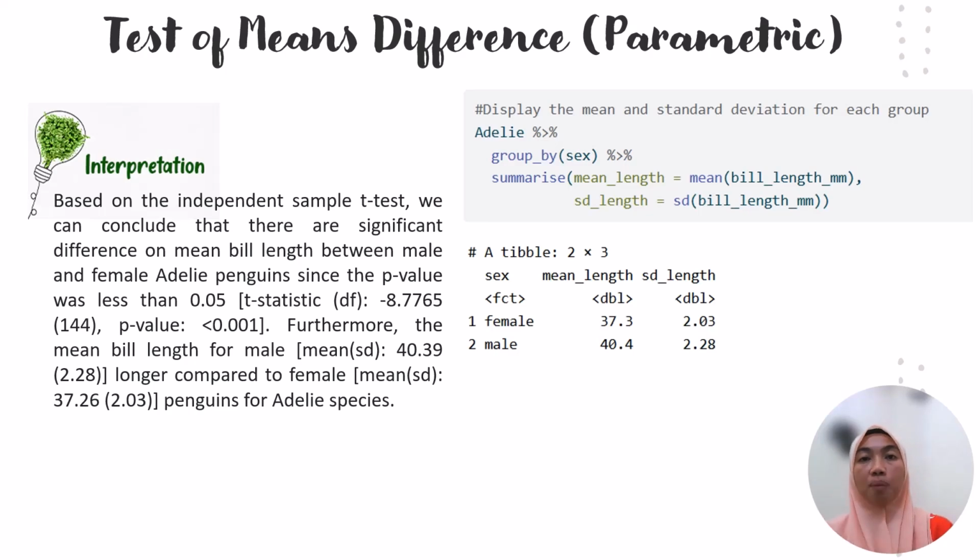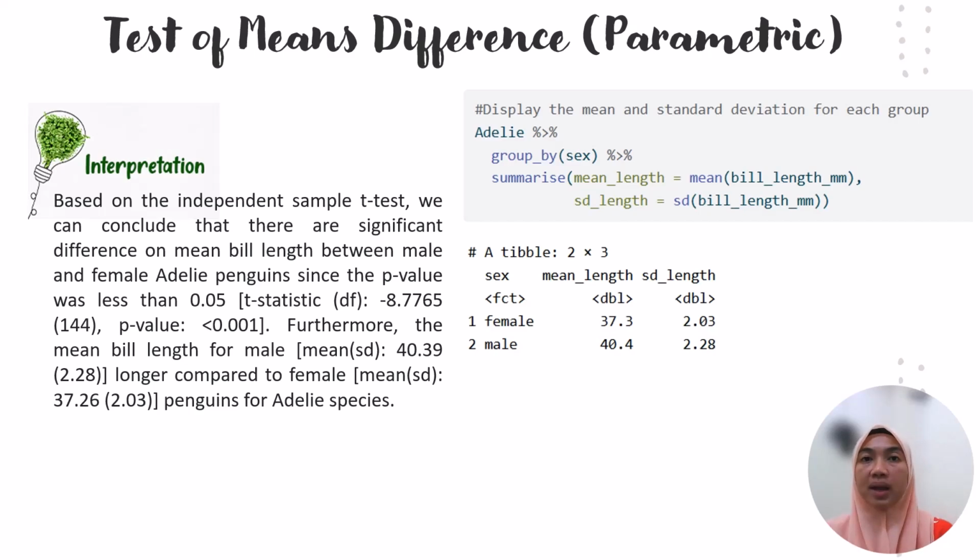Based on the output we get from the syntax, we need to interpret the output. Based on the independent sample t-test, we can conclude that there is a significant difference in mean bill length between male and female Adelie penguins since the p-value was less than 0.05, with the t statistic.